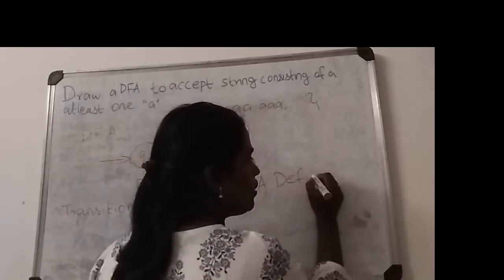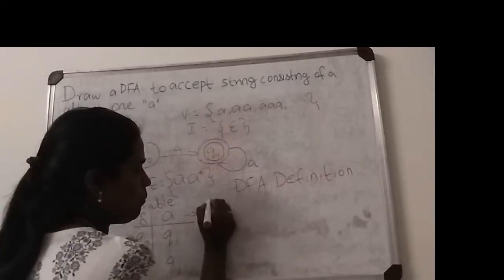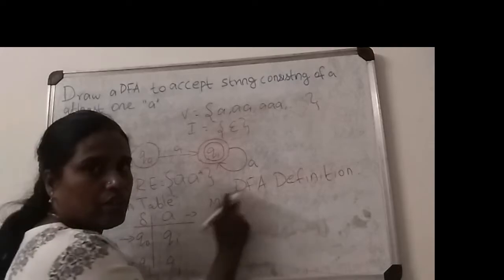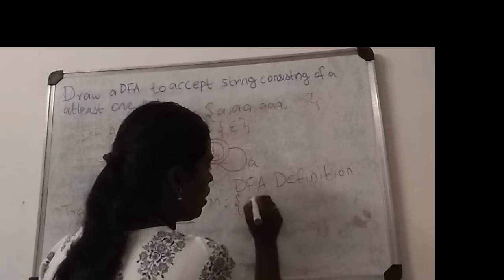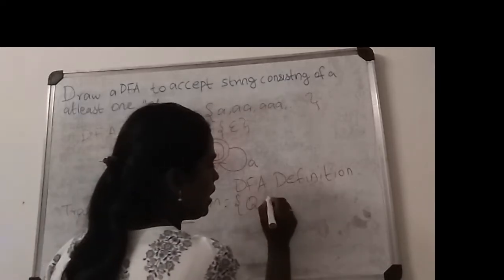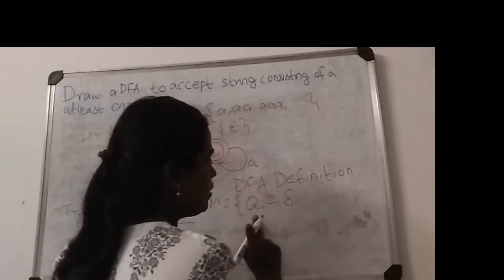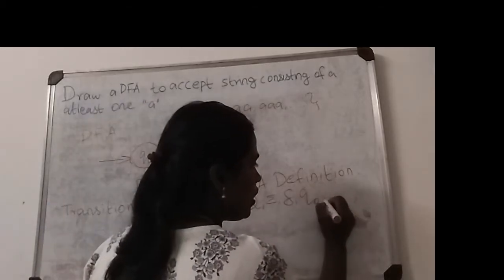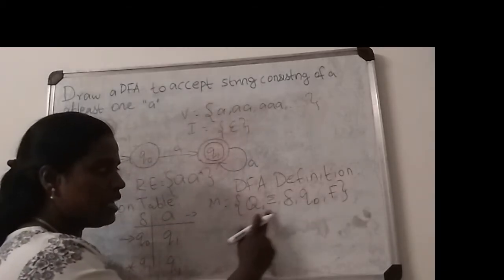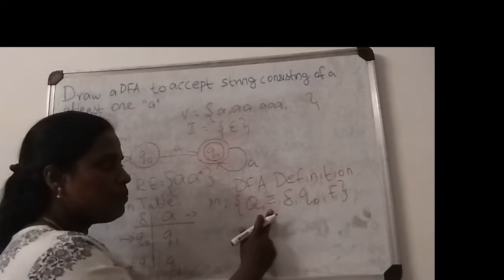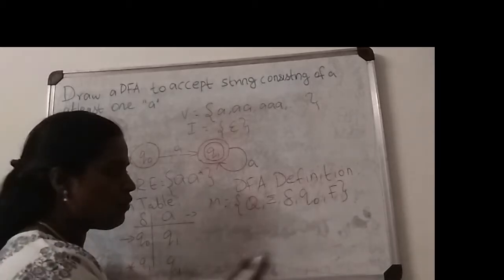The DFA definition of the given problem is M equals (Q, sigma, delta, Q0, F), where M is the DFA machine, Q is the set of states, sigma is the input symbol set, delta is the transition, Q0 is the starting state, and F is the final state.